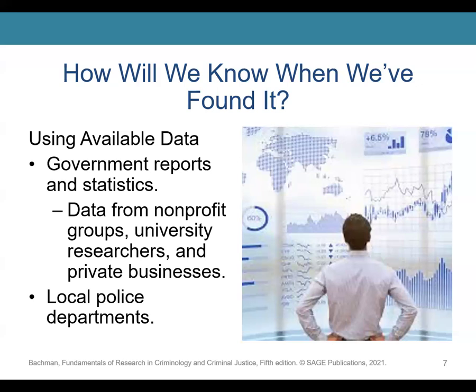Now, you can get data from nonprofit groups, prior university researchers, and private businesses. Again, for the most part, it will probably be good data, but you still have to be aware, not skeptical, just aware that it can be different.